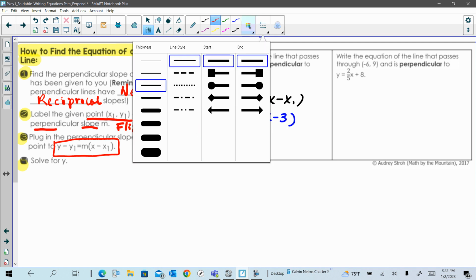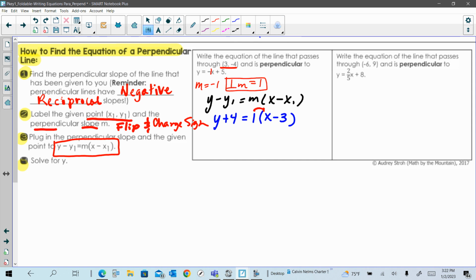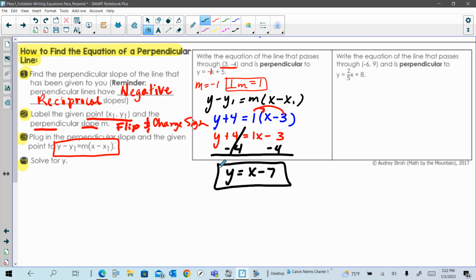Now we need to distribute first, because we're going to do the last step, which is solve for y. And when we distribute, we get y plus 4 equals 1x minus 3, or just x minus 3. And then we solve for y by doing the opposite, which is -4. So these cancel, so y equals x minus 7. And that's our final answer.